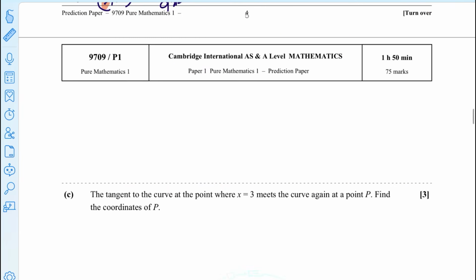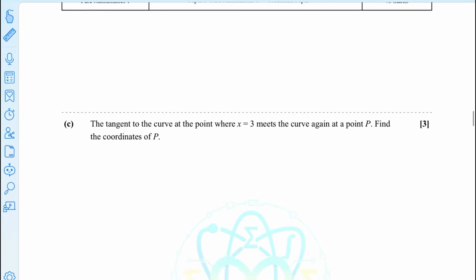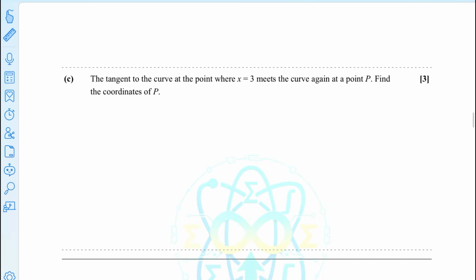Okay. What is the next part given? The tangent to the curve at the point where x equals 3 meets the curve again at point P. Find the coordinates of P. See, there is no need to draw the curve. For understanding purposes, I am doing this. For example, we have turning points like this, right? This is a turning point and this is a turning point.